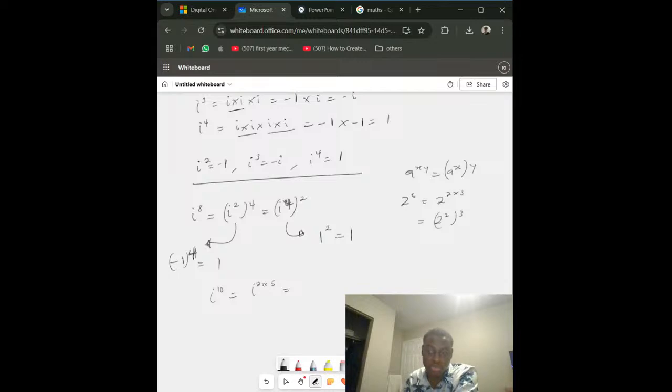And i raised to power 2, so this is what we're basically finding. i raised to power 2 all raised to power 5. i raised to power 2 is what? Minus 1. Therefore, we have minus 1 raised to power 5. And the answer would be minus 1.